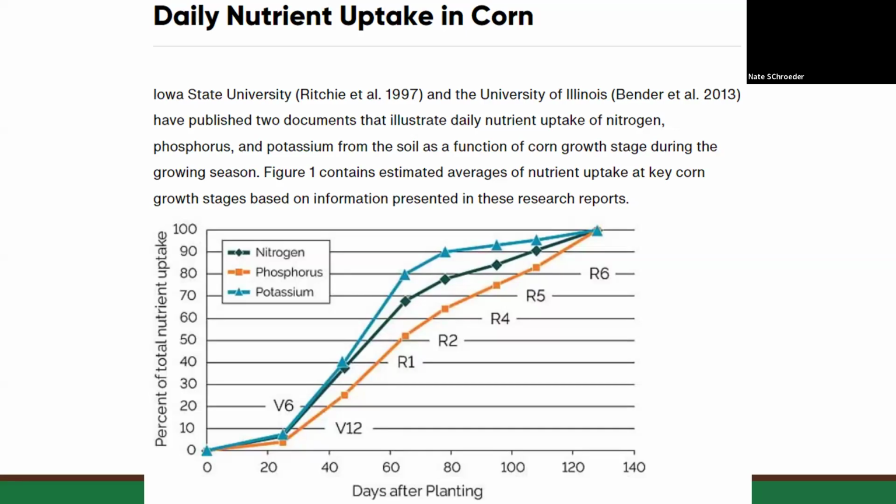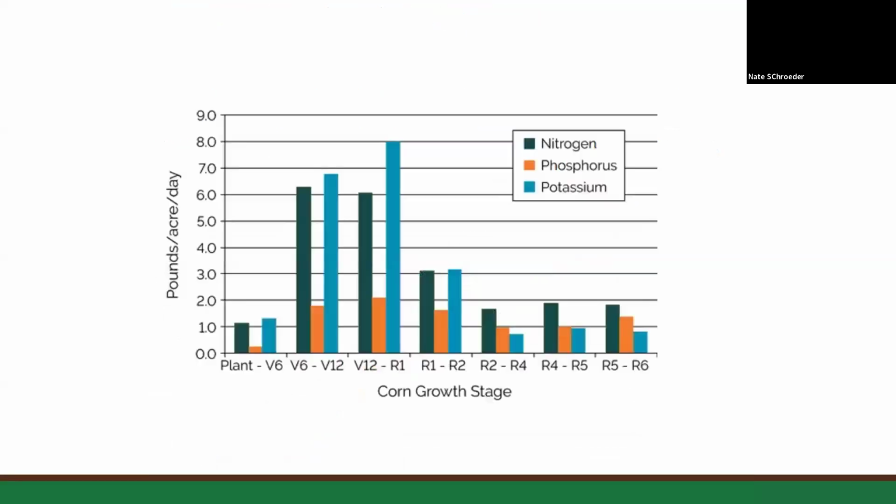They've redone it. They've taken a look, and we're still finding in that 60 to 80 days after planting, we're still forced to take 40% of our nutrient macro load up in there. This is just another way of looking at this. You're going to see today that not everybody that gets an opportunity to be exposed to these webinars, me included, learns the same way visually.